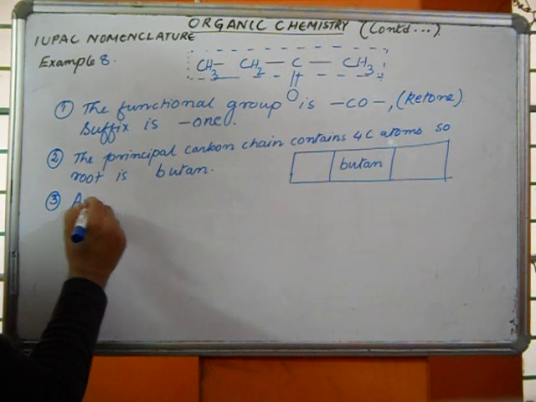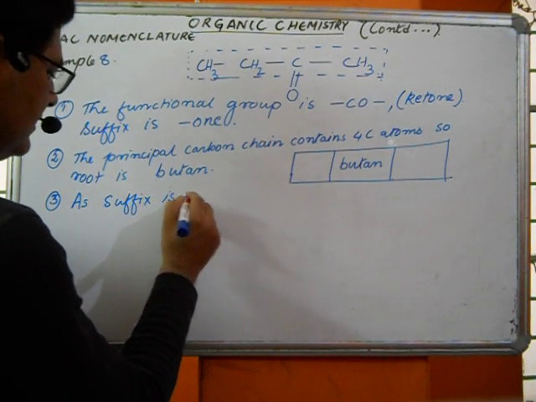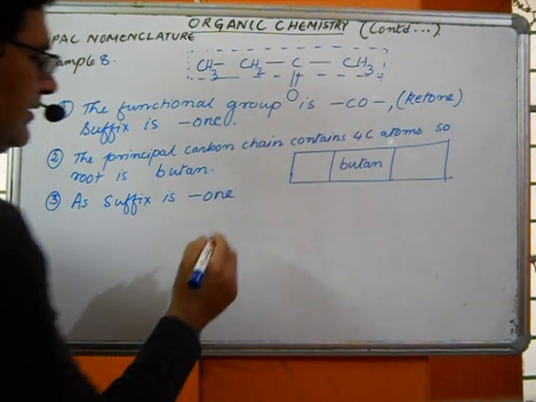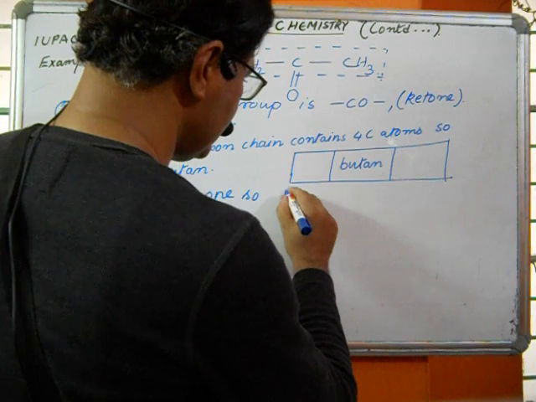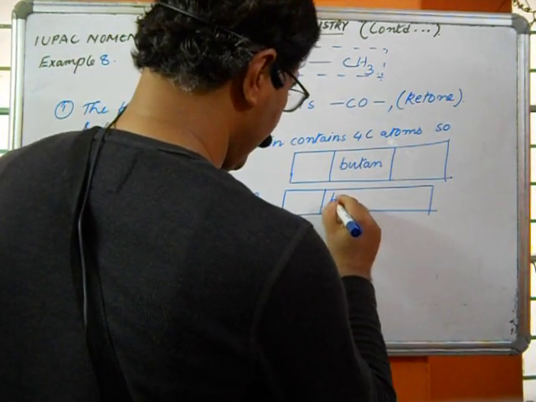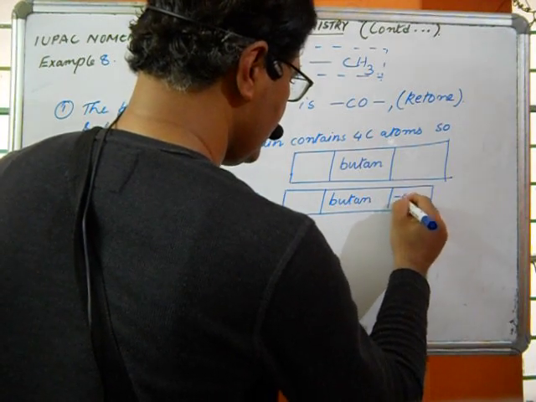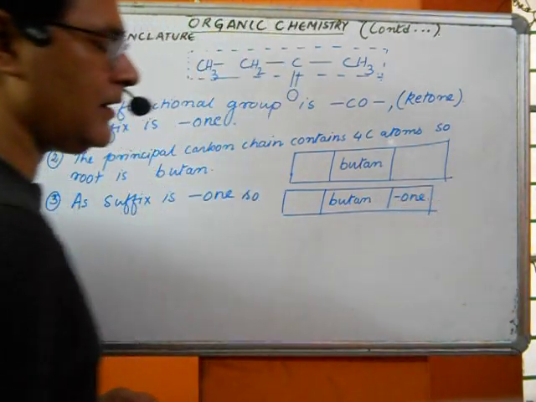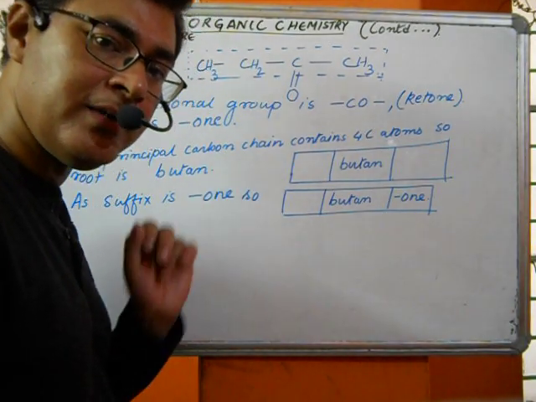As suffix is dash ONE. So, meaning comes like this: butane dash ONE. Now comes numbering of the carbon compounds. Please start numbering it.